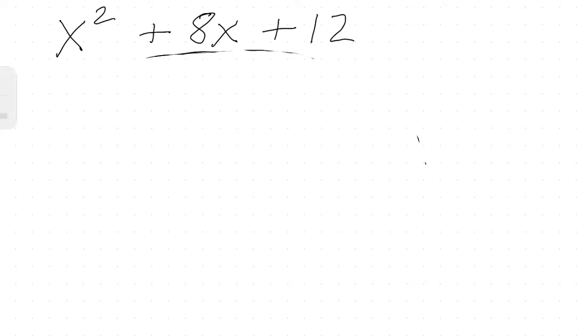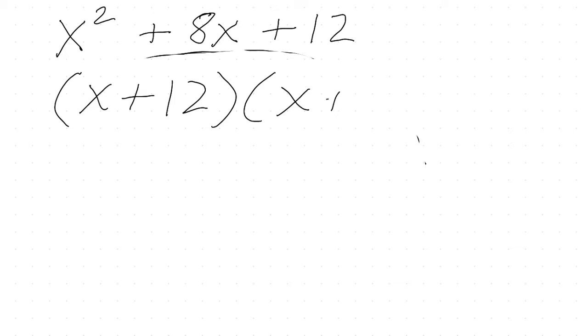Instead of 3 and 4, maybe I'll try something else that gets to 12. 12 times 1 equals 12, so why don't I try that? I'm going to do x plus 12 times x plus 1. And let's see if that works. X times x, that's x squared.